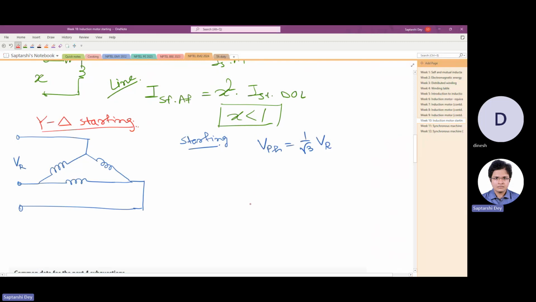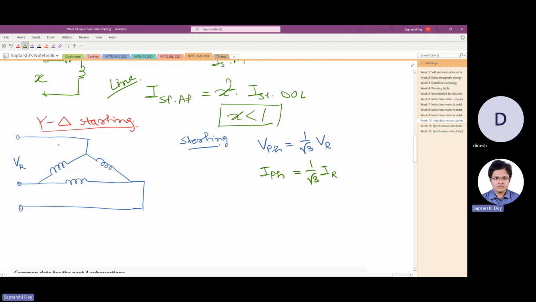So V phase is 1 by root 3 times V rated. Then what is I phase at starting? At starting, I phase is also 1 by root 3 times I rated. When I say I rated, I mean I rated starting.